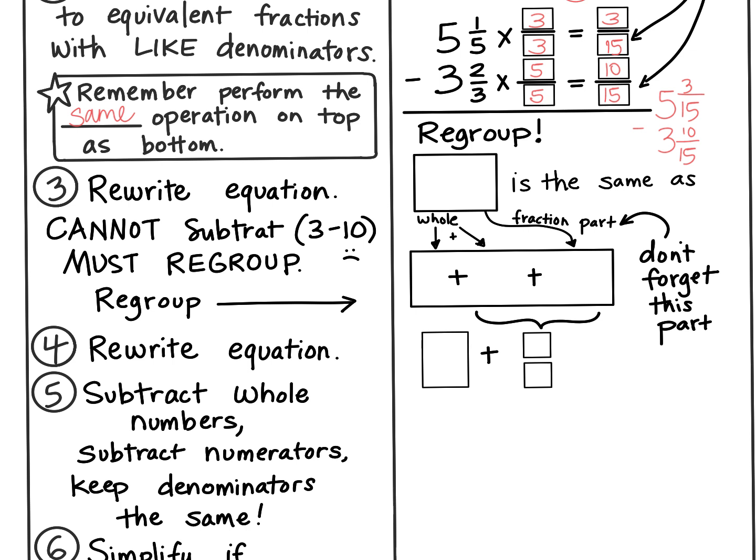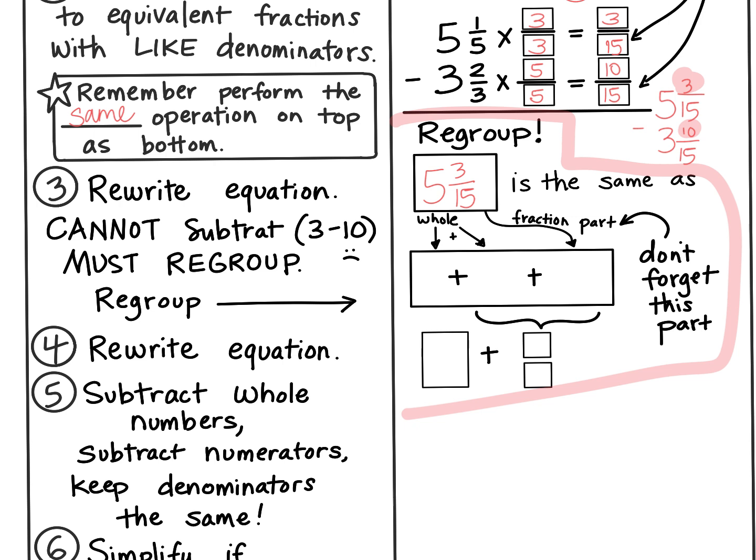Okay, here's how I regroup. This little section here is telling me how to regroup everything because of this problem that I have here, okay? So what I want to do is write right here in this box 5 3/15, which is the same thing as if I were to pull out a whole.